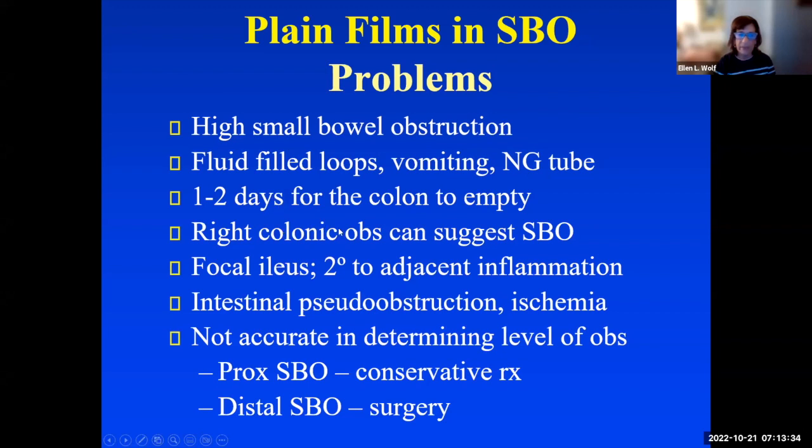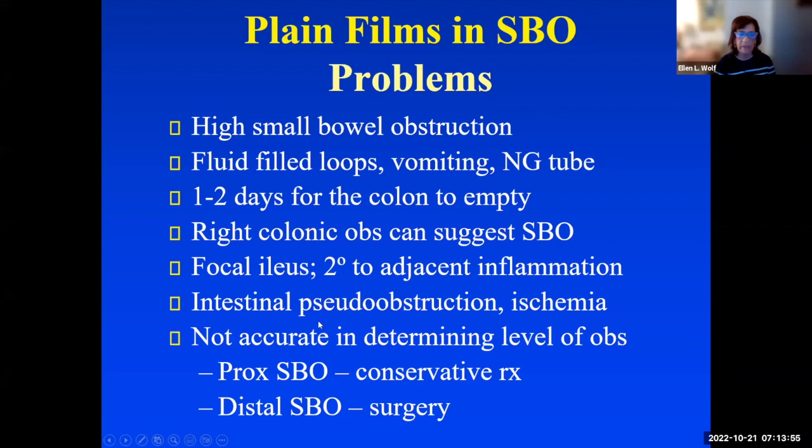Right colonic obstruction can suggest small bowel obstruction. That could be confusing. Other things can simulate small bowel obstruction: focal ileus secondary to adjacent inflammation, for instance, pseudo-obstruction with dilated air-filled loops of bowel, and ischemic bowel. This can mimic small bowel obstruction.